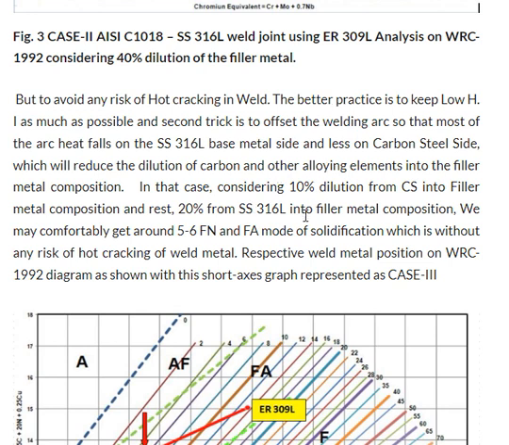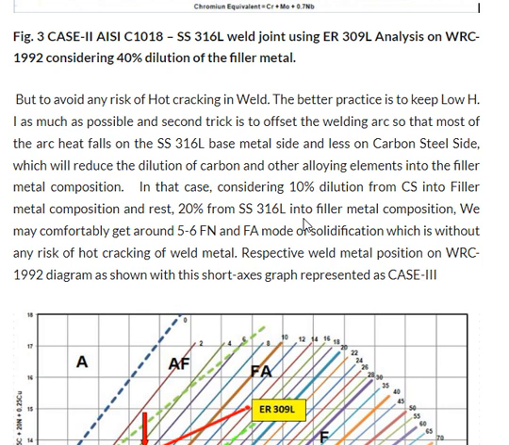There is also a good practice when joining two dissimilar metals: the welding arc heat should fall on the SS316L base metal side and less on the carbon steel side, so that it reduces the dilution of carbon from the carbon steel into the weld metal, and overall reduces the dilution of alloying elements into the filler metal composition.